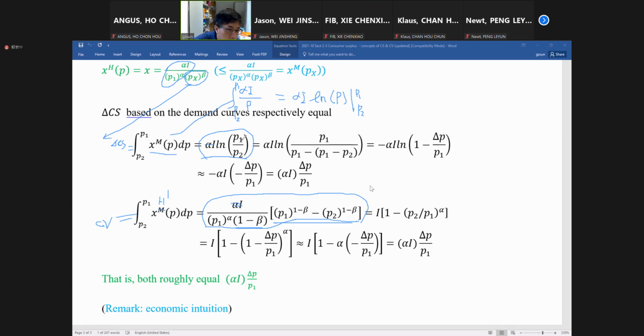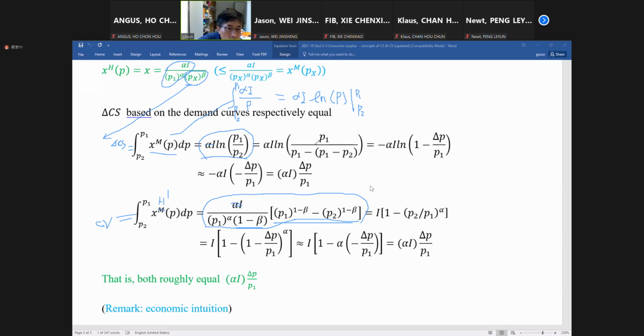What can we learn from that? The important message is what matters is not P1 or P2, it's instead P1 over P2. What does that mean? That means when the price changes, what the consumer really cares about is the percentage change. Let me emphasize percentage change, 降价的百分比. That is what matters.